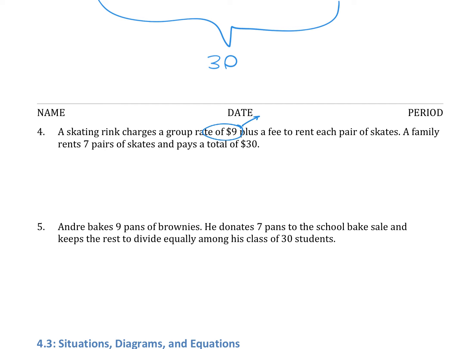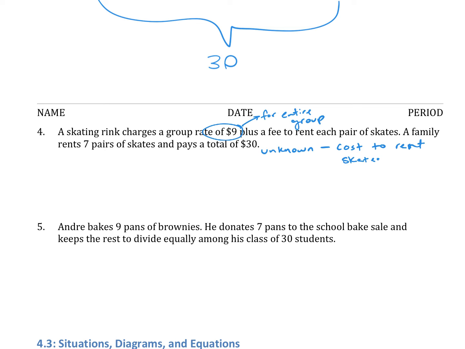So this tells me I'm just going to pay one price for the entire group. It's not per person, it's for the entire group. I do not know how much it costs to rent each pair of skates. So I'm going to do unknown cost to rent skates.